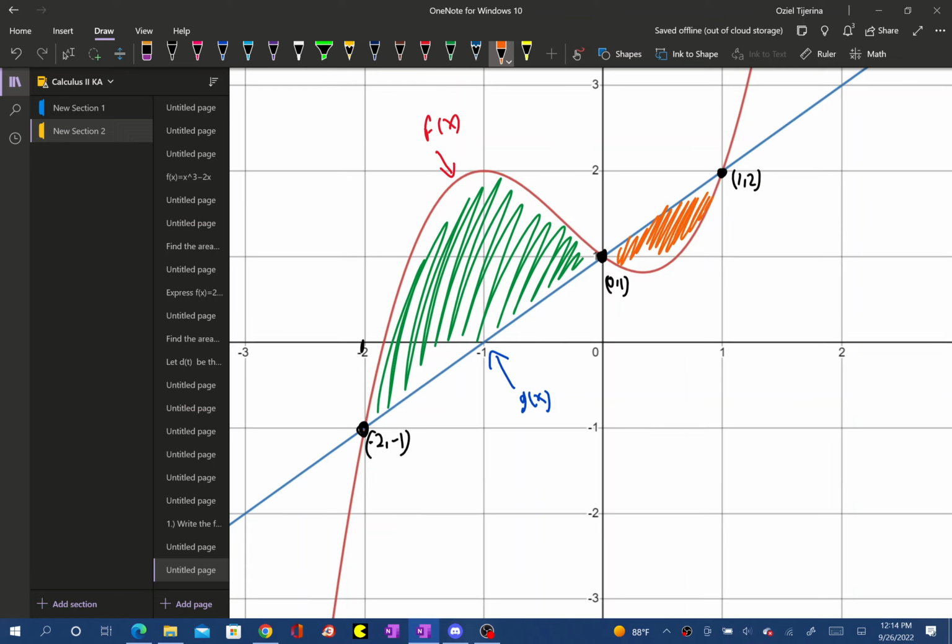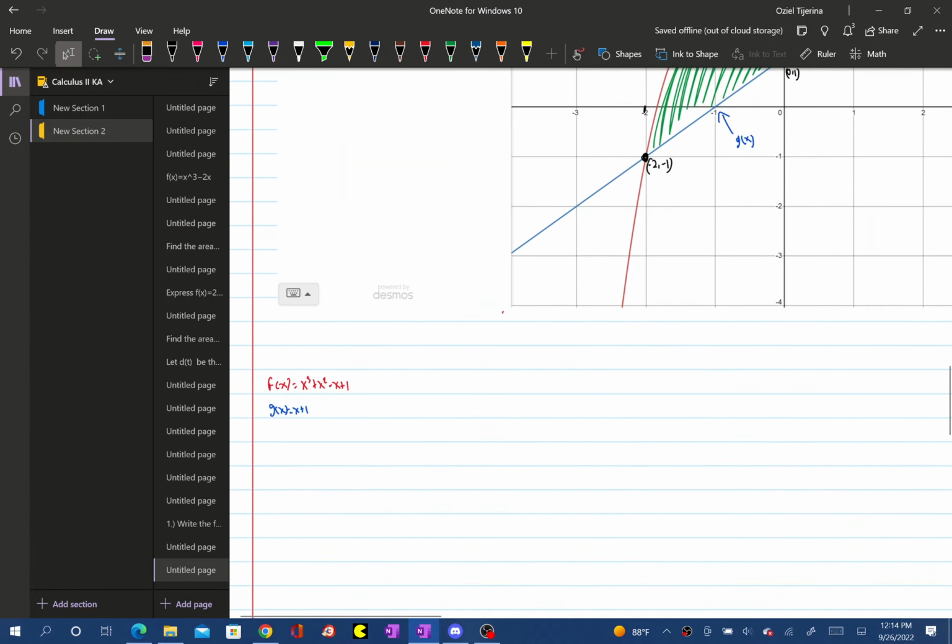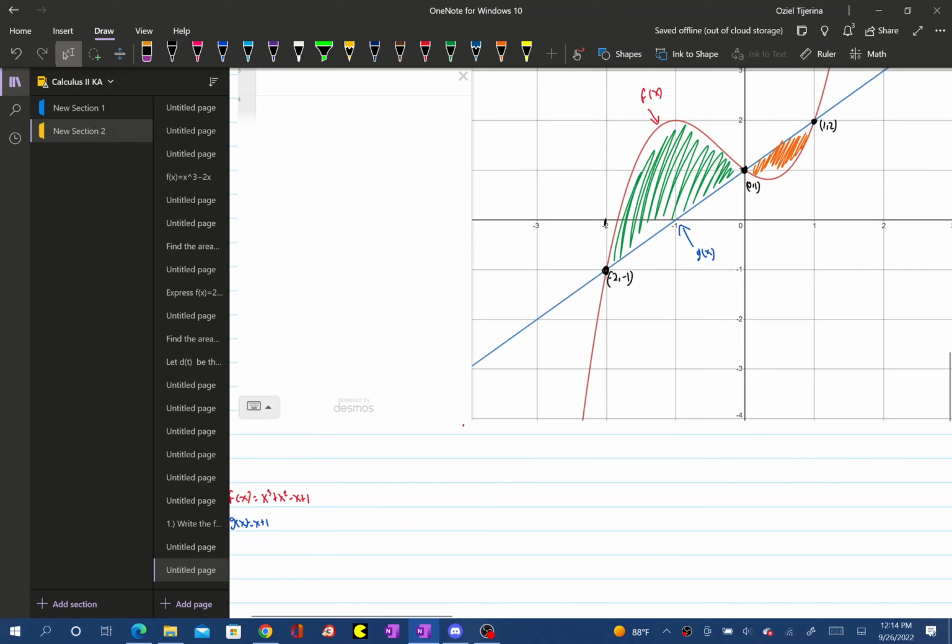Now, I don't know if there's a way to combine both functions to make it into one whole integral from those two areas. There is, but you have to do it in pieces.